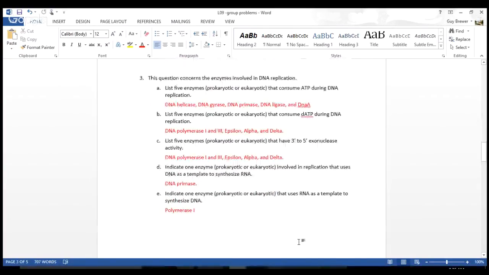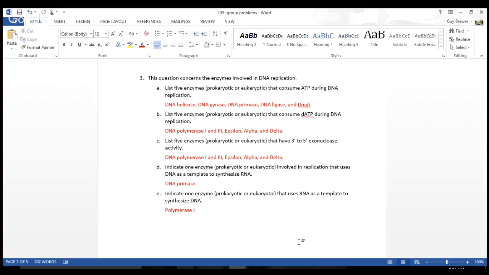All right, so number 3. So the list of 5 enzymes, that's DNA helicase, DNA gyrase, DNA primase, DNA ligase, and DnaA. And then for the list of 5 enzymes that use dGTP, dATP during DNA replication, this one is a little bit confusing, but there's DNA polymerase 1 and 3, and there's also the subunits that we included in there because we couldn't find anything else.